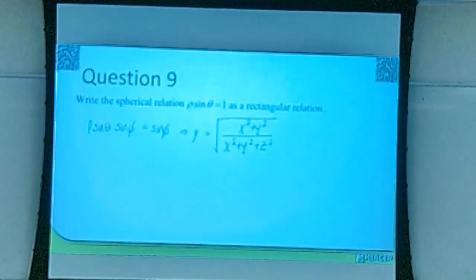So, questions on those two coordinate systems? Again, pretty straightforward, but extremely important.